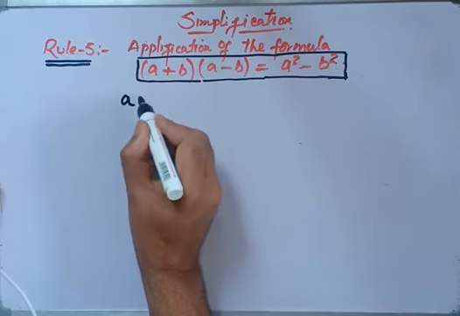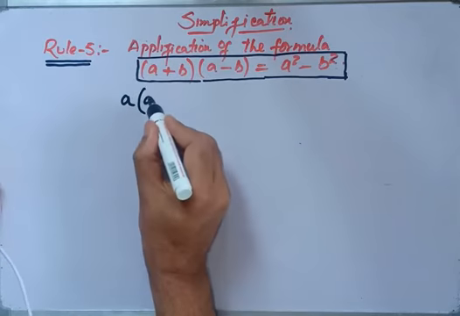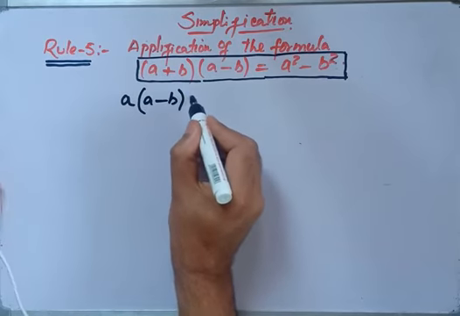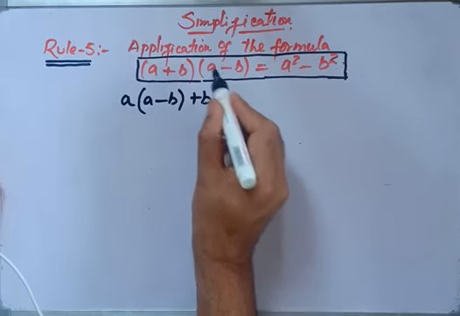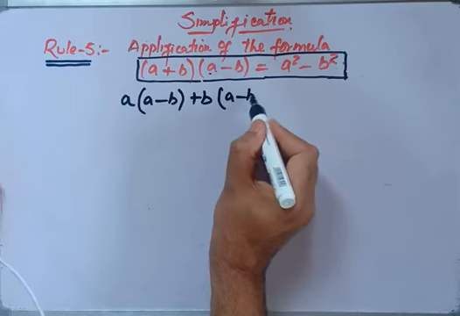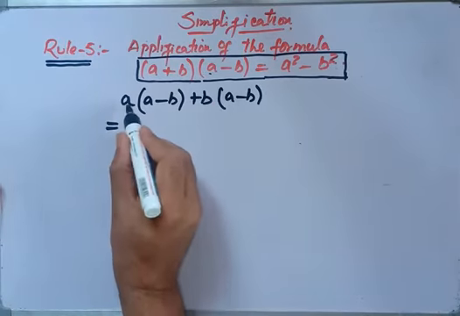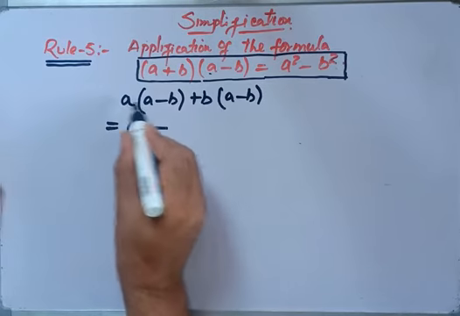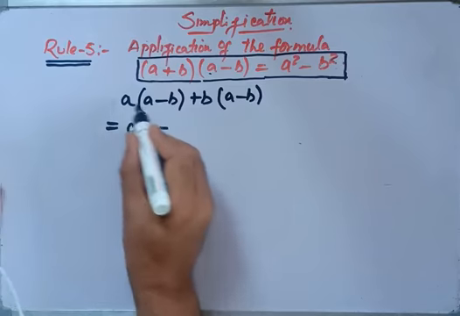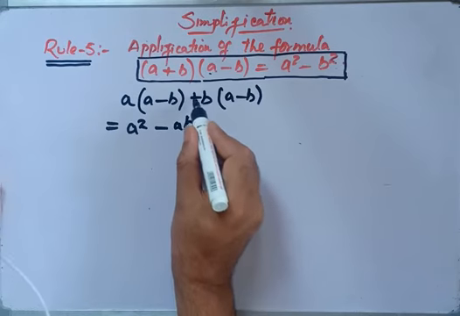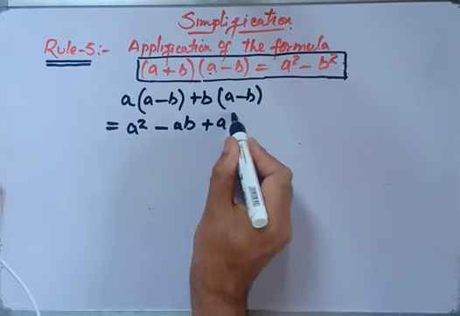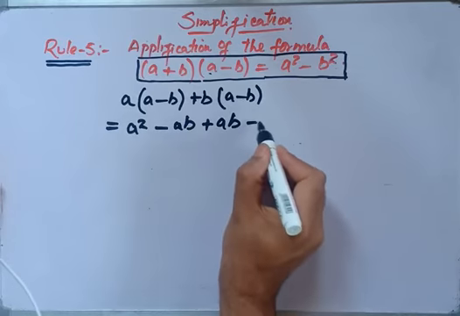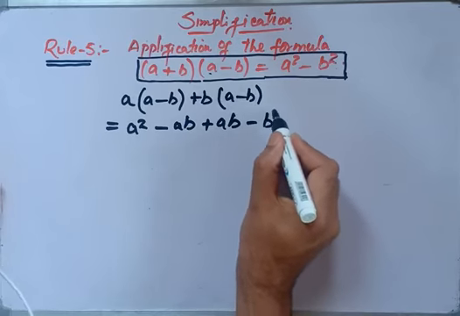This a times (a minus b), and then plus b times (a minus b), that is equal to a into a, that is a square, minus a times b, plus a times b, minus b into b, minus b square.